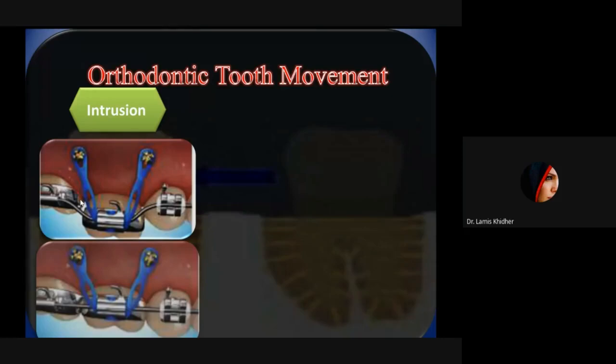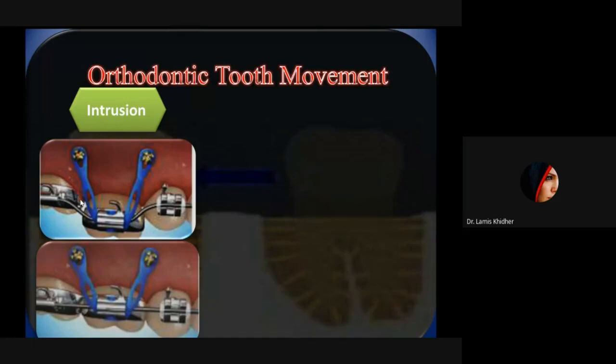You can see here, this is the upper 6, this is the 5, this is the 7, and we put in 2 mini screws and apply elastic in order to induce intrusion for the 6. And here, after the intrusion, the 6 becomes in the same occlusal line and occlusal plane as the 5 and the 7.